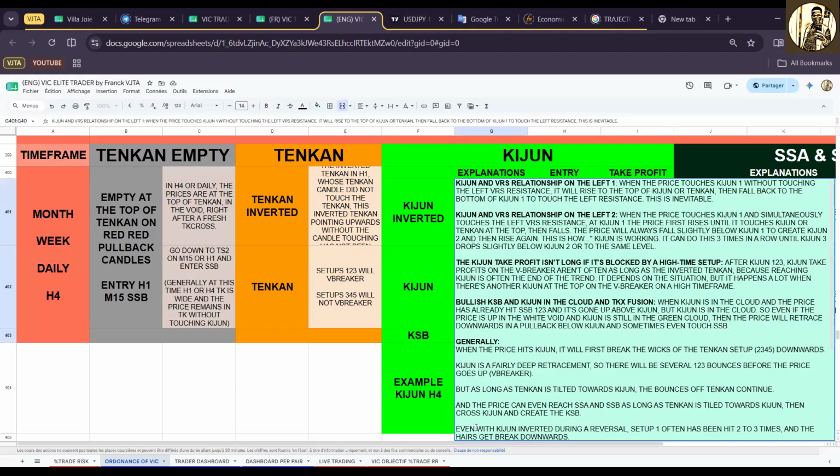So even with Kijun inverted during a reversal, the first Kijun touch has often been hit 2 or 3 times, and the wick gets back downward.